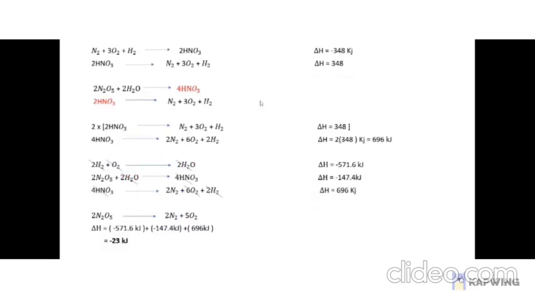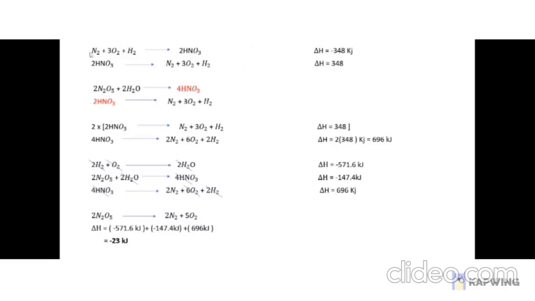Then we move on to the third chemical reaction, which is 1 mole of dinitrogen reacts with 3 moles of oxygen and 1 mole of dihydrogen to produce 2 moles of nitric acid, and the delta H is negative 348 kilojoule.